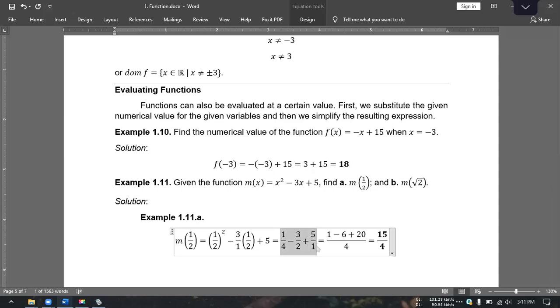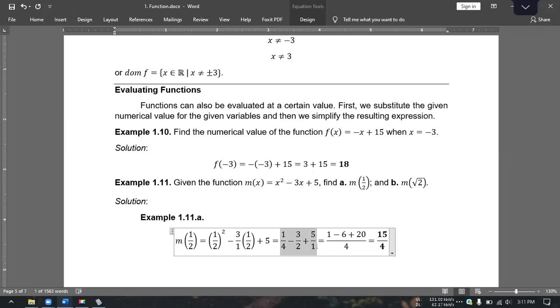So, LCD, dapat expert na kayo sa pagkuha ng LCD, no? As early as junior or as early as elementary, tinuro na sa atin to. We have the LCD, or it is the LCM of whole numbers. LCD is the least number that can be divided exactly by our denominator. I repeat, LCD is the smallest number that can be divided exactly by our denominators, which are 4, 2, and 1.